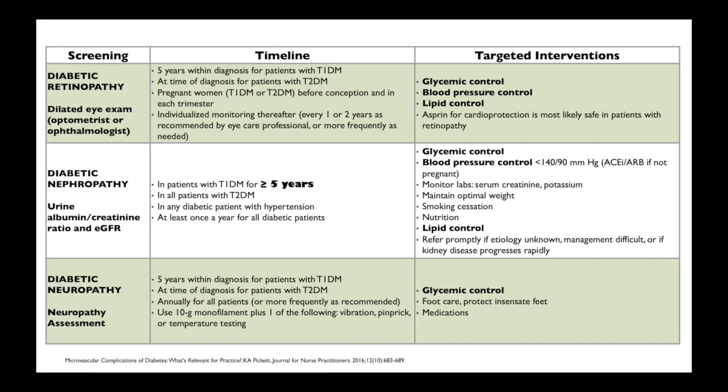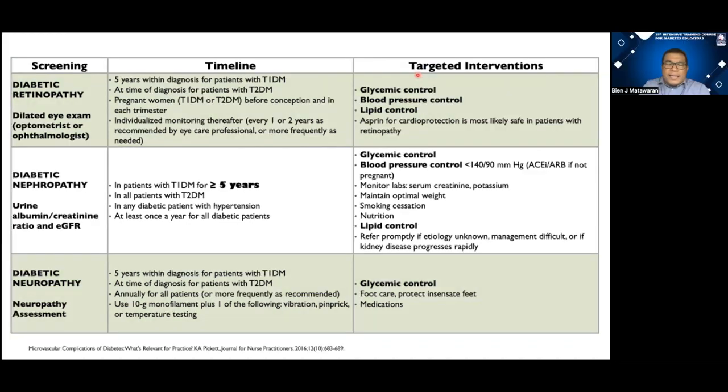So in summary, I've shown you the different complications of diabetes, your diabetic retinopathy, nephropathy, and neuropathy, how to screen for them with regard to timeline, and specific treatment that may benefit a patient to reduce or mitigate the risk of diabetic retinopathy, nephropathy, and neuropathy.